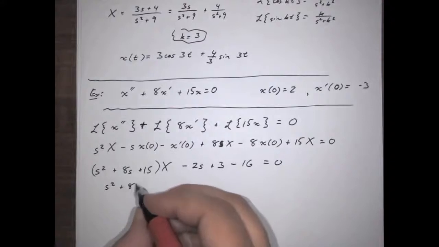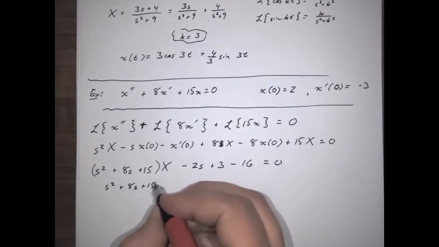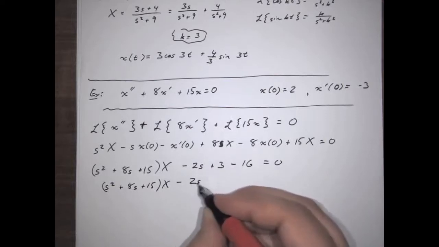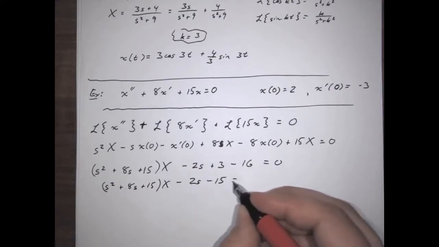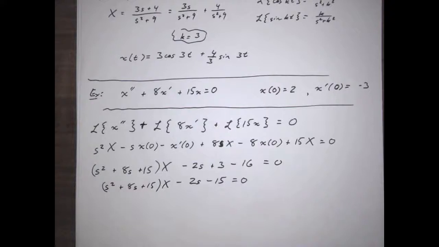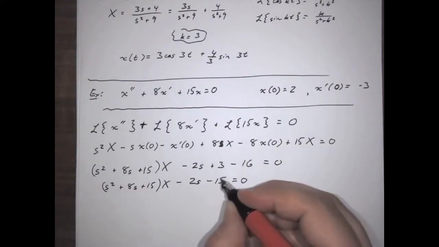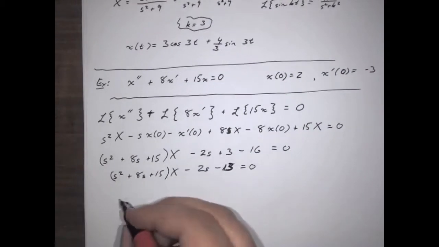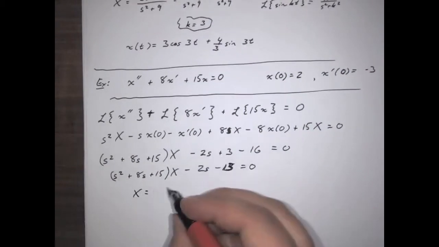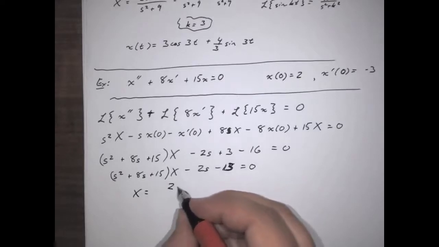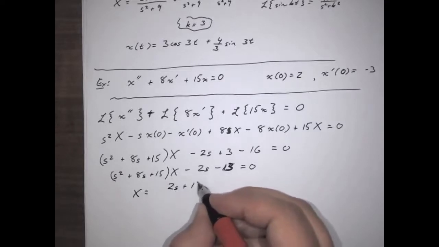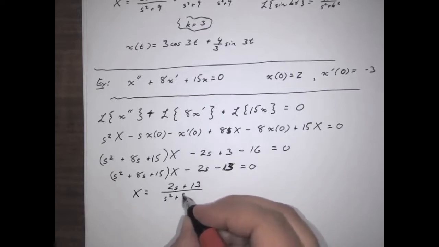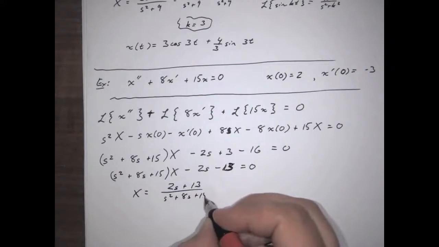So s squared plus 8s plus 15 times X minus 2s minus 13 equals 0. So then X is equal to, so I'll move those over to the other side, 2s plus 13 divided by s squared plus 8s plus 15.